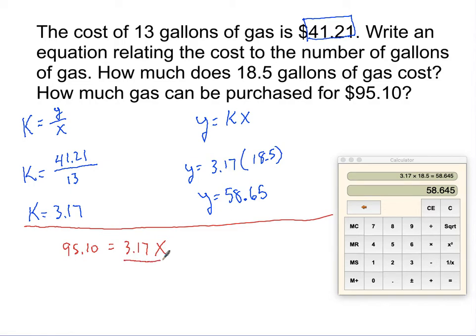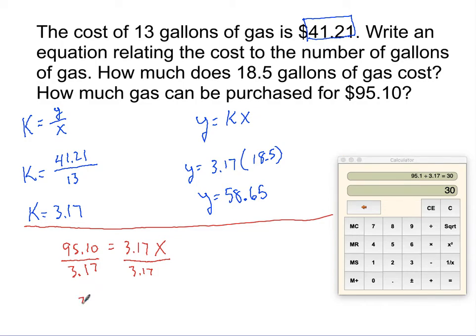So here all you have to do is divide by 3.17. Oops, 3.17. I missed a number there. 95.1 divided by 3.17 equals 30.